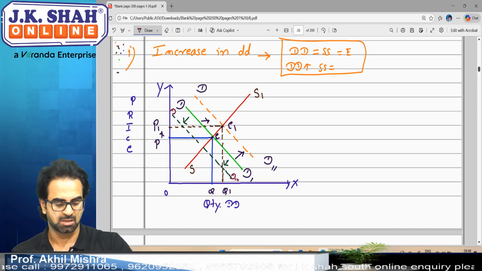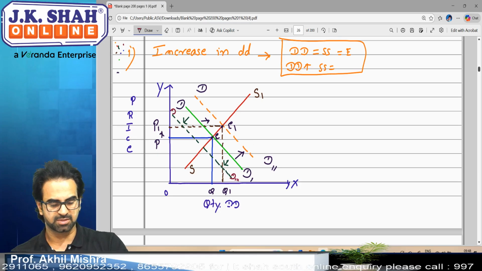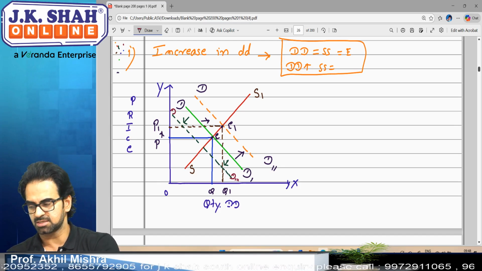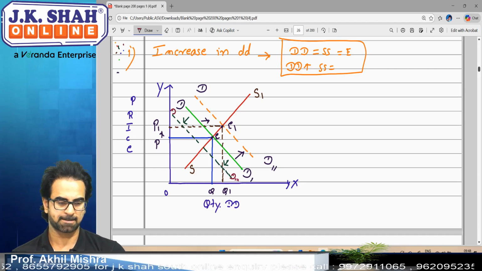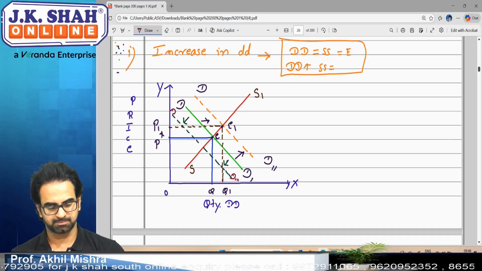So this is the demand curve, D double dash going to the right side. This is increased demand, and D triple dash coming down, so that's definitely decrease in demand. So in the same diagram, we can draw increase in demand and decrease in demand. Once you've done the diagram, let me know.